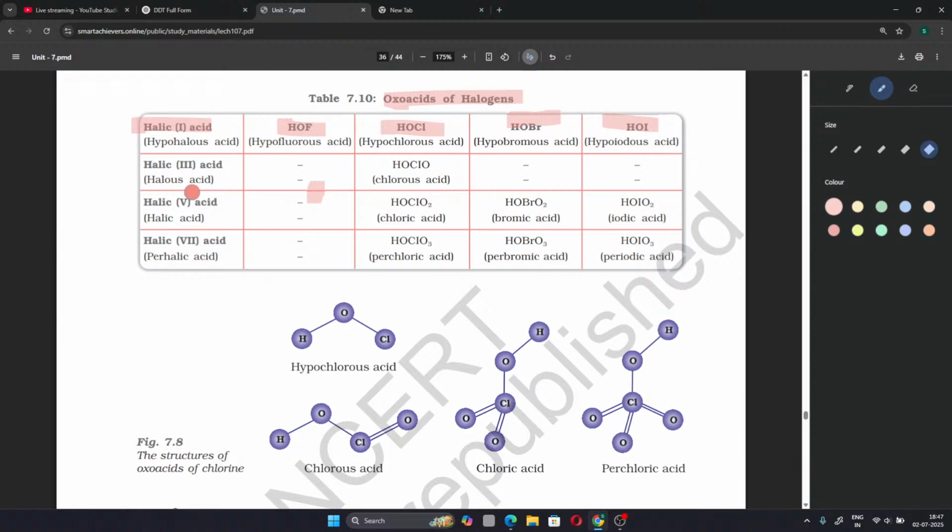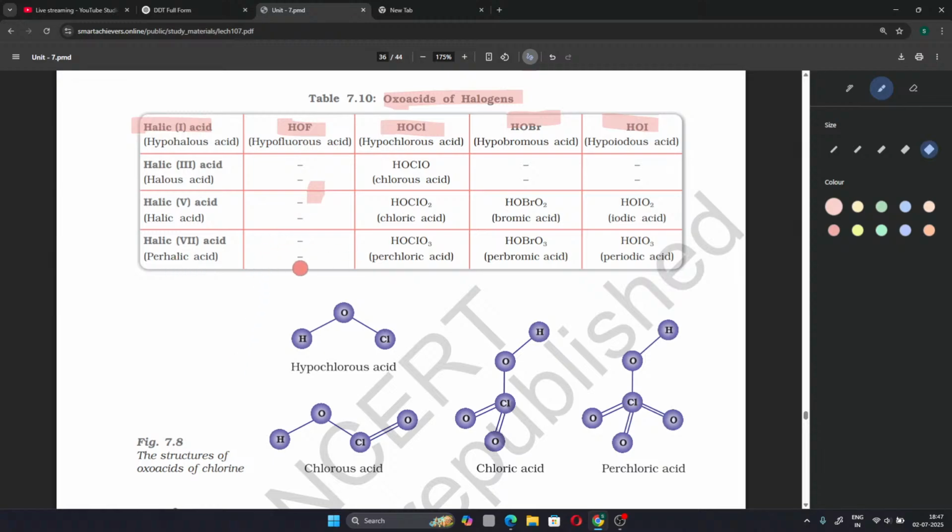Halic(III) acid is only formed by chlorine, which is called chlorous acid, and halic(V) acid with +5 oxidation state. All three except fluorine form them: chloric acid, bromic acid, iodic acid. And halic(VII) acids, which are called perhalic acids.